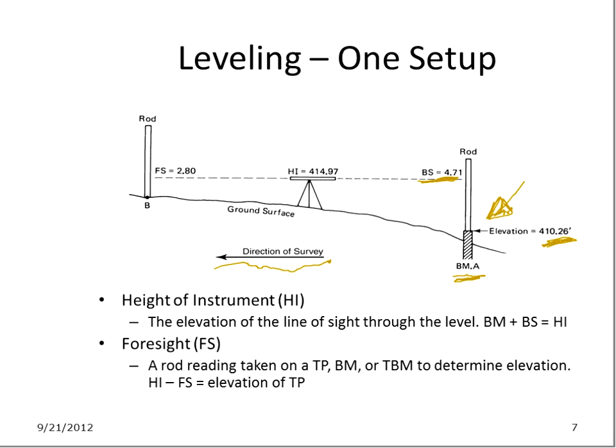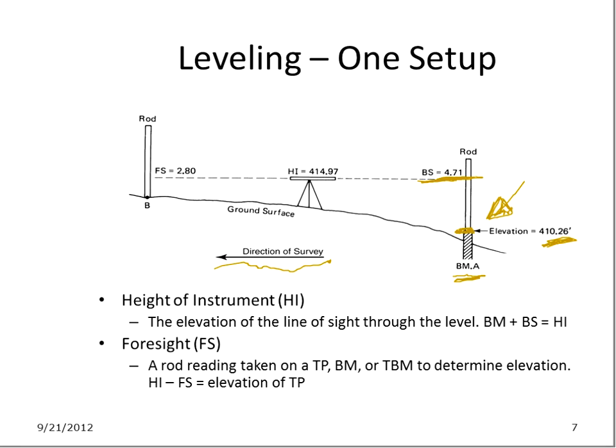So if this point here, right there at the bottom of the rod, is 410.26 feet, and we took a measurement of 4.71 feet on the rod, we know what the height of this line is, the center line of the instrument. We call that HI, height of instrument. Notice it's a capital HI. A small hi is also the height of an instrument, but it means something different, so they should not be confused.